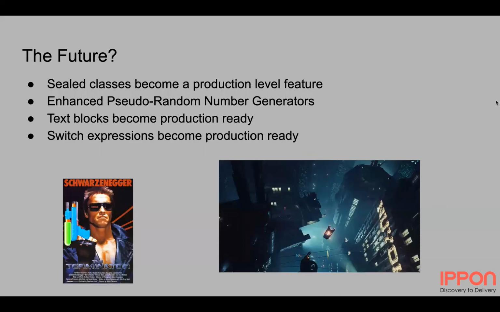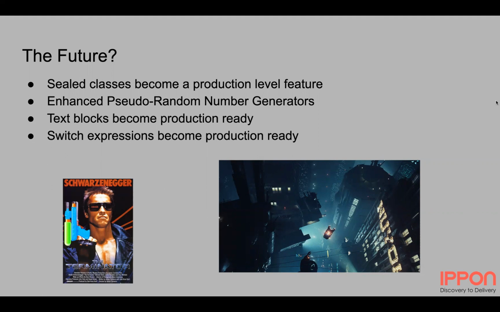And speaking of 17, these are the things that they're talking about that are coming in either 17 or the future, aside from more back-end or behind the scenes changes. So sealed classes are becoming production ready.